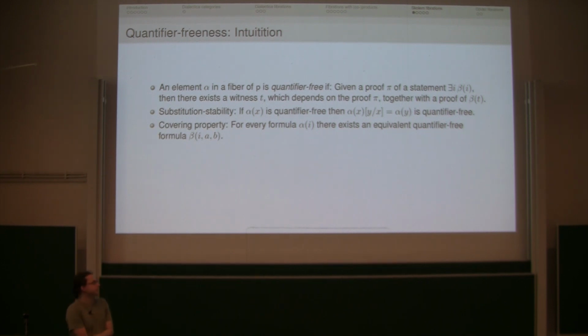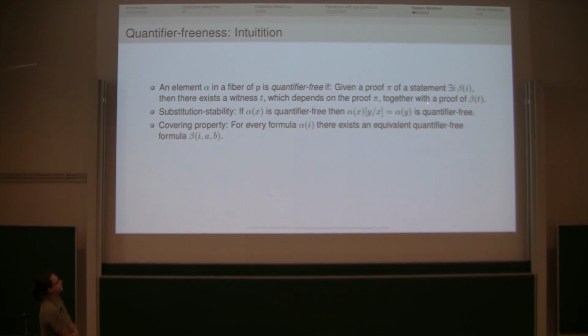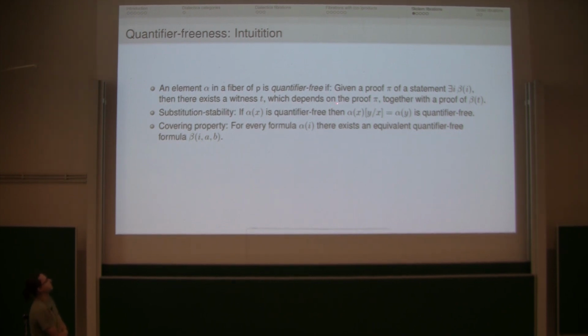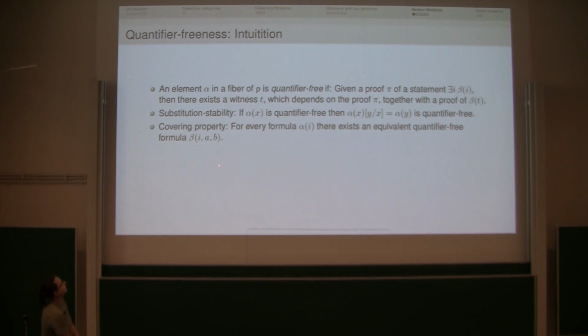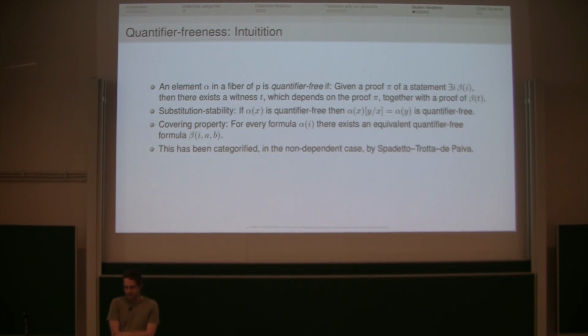So first of all, we have to say what quantifier freeness should mean. There's a proof theoretic way to say this, and our categorical definition is a translation of that. Furthermore, we want the quantifier free elements to be stable under substitution, because that makes sense logically. And furthermore, we also want every formula to be equivalent to a quantifier-free formula.